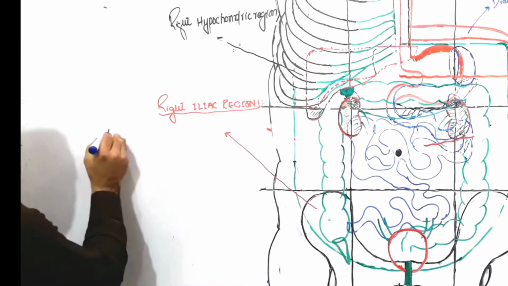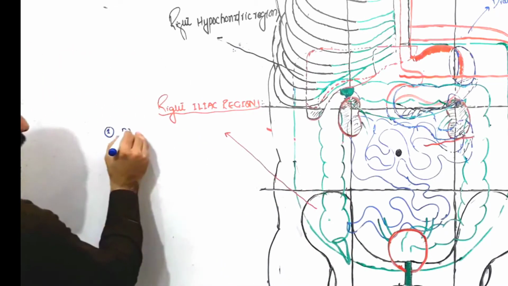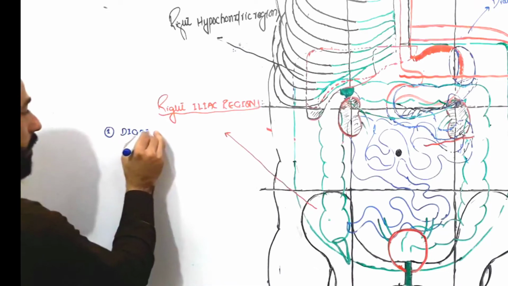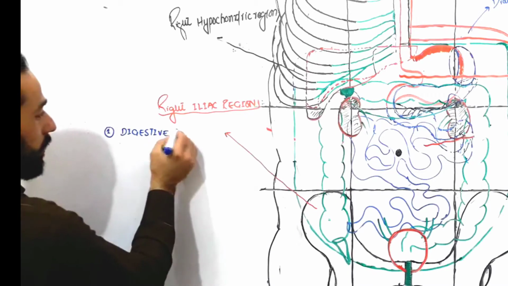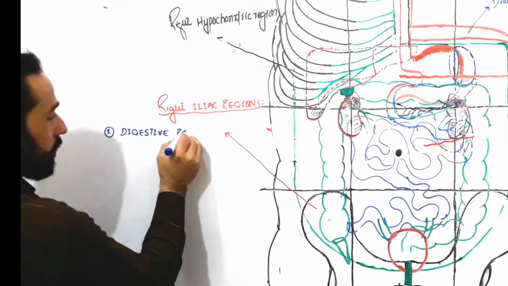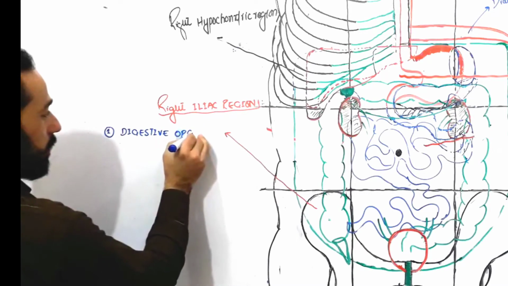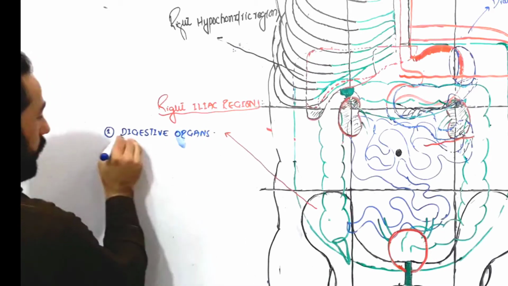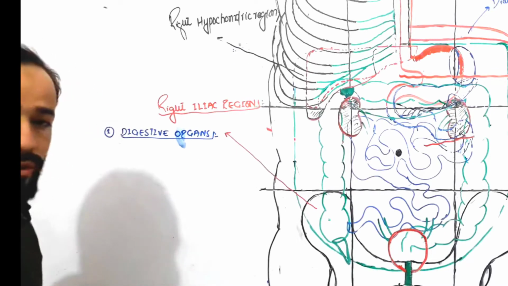So the first group of organs that we have in our right iliac region must be the digestive organs. Which digestive organs are found in your right iliac region? If you want to have a clear concept, please watch the video till the end.